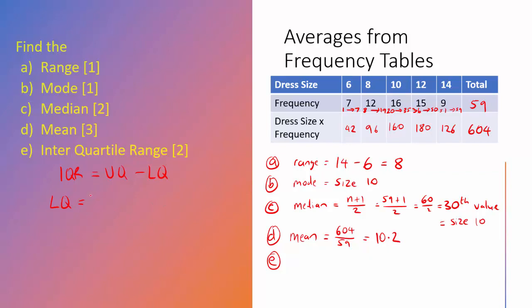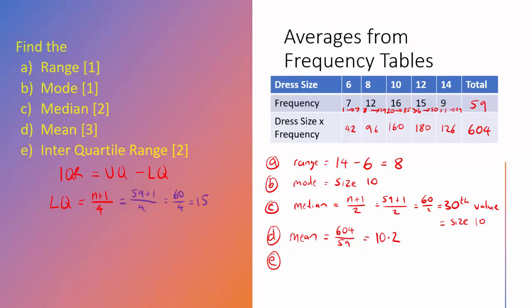Well, the lower quartile, the formula for that is very similar. N plus 1, but instead of dividing by 2, we're going to divide by 4 because we're talking about quartiles. So N plus 1 divided by 4. And N is 59. So 59 add 1 divided by 4 is 60 divided by 4, which is 15.